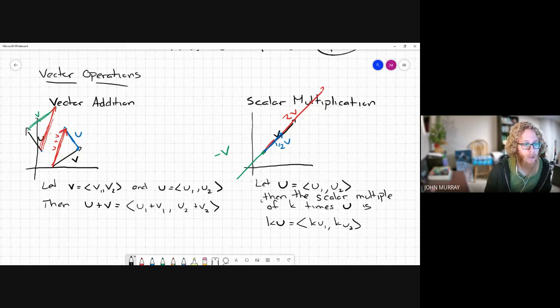Okay, so if I'm multiplying by a scalar multiple, then I'm just going to take my vector coordinates and I'm going to multiply them by whatever that scalar multiple is. And so if this was 5, 2, and I doubled it, it would be 10, 4. I would just multiply everything by 2. So we can combine these two to give us subtraction.